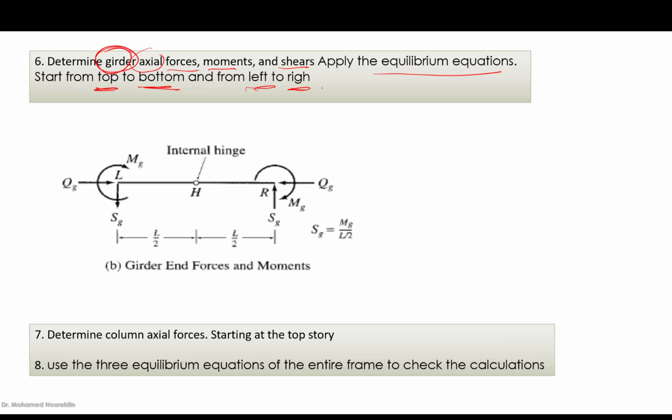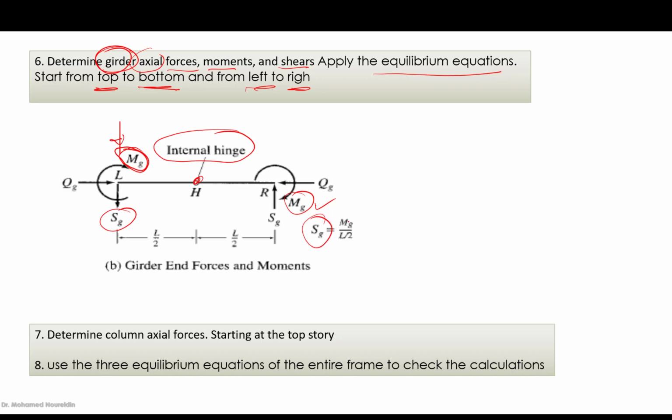For the beam, as you can see, whenever we have the beam, we are introducing an internal hinge at the middle, right? Then the moments that we have obtained already from the columns are going to be reversed here on the beams. So these ones already, they are known.